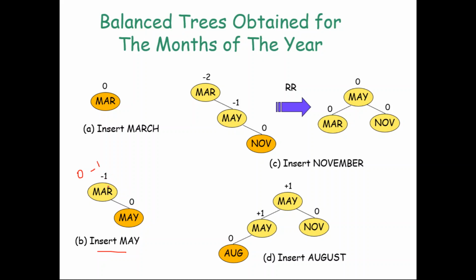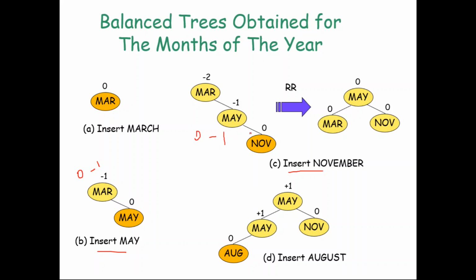Still it is balanced, because as long as the difference between the heights of the left and right subtrees, ignoring the sign, is less than or equal to 1, it is fine. Now you want to insert November. November is greater than March and greater than May, so it comes here. Now the balance factor of November is 0, but for May there is no left child, so 0 minus 1 for the right child is minus 1.